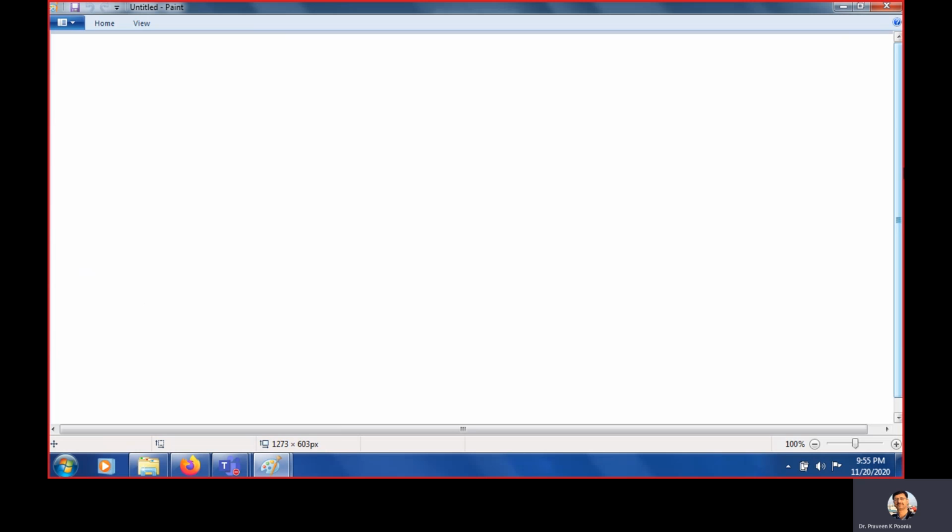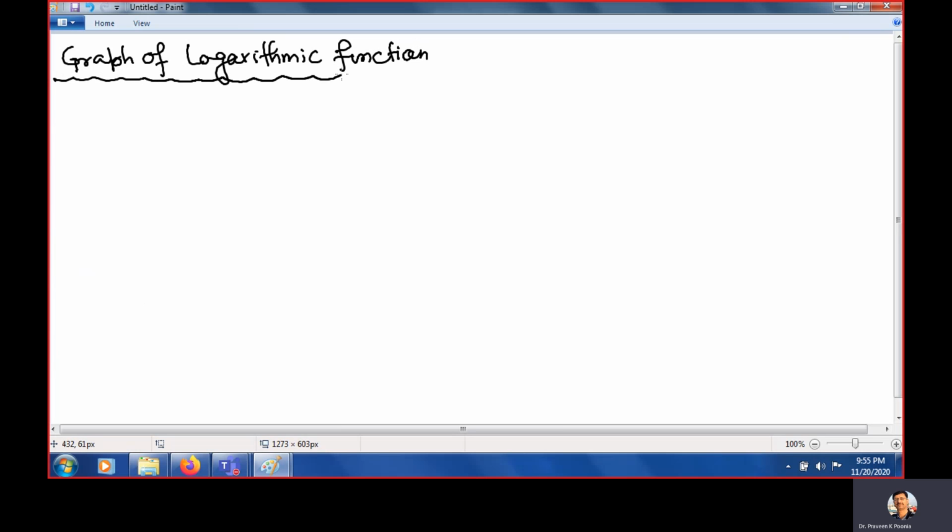Now we will focus on the graph of the logarithmic function. And the graphs of logarithmic functions are very easy. It is not difficult. It is easier than the exponential function.